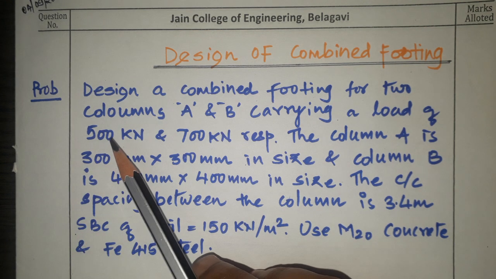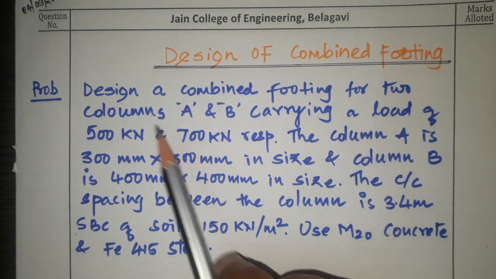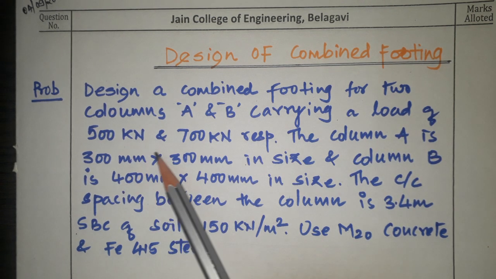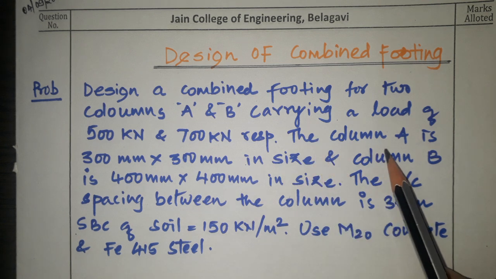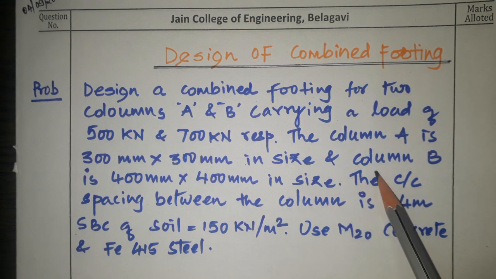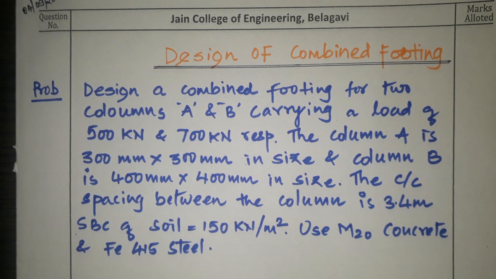Design a combined footing for two columns A and B carrying a load of 500 kN and 700 kN respectively. Column A is 300 mm by 300 mm in size, and column B is 400 mm by 400 mm in size.